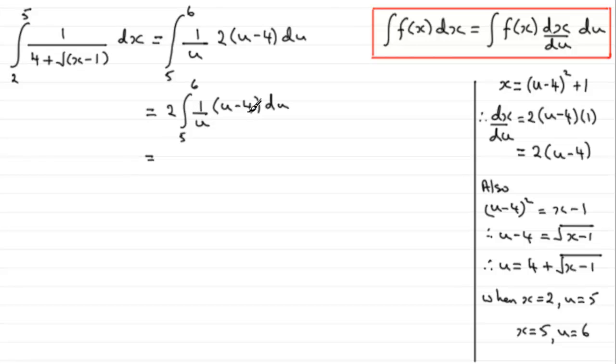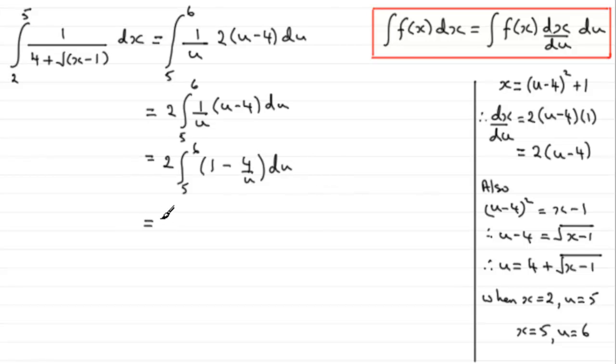But to do something like this, I'd now want to expand the bracket. So we've got 2 times the integral from 5 to 6, and 1 over u times u is just going to be 1, and then we've got 1 over u times minus 4 is minus 4 over u, and we're integrating that all with respect to u.